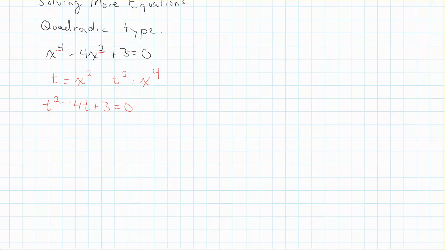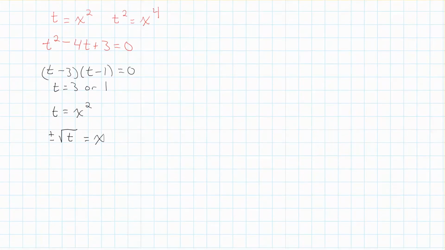And we can solve this for t using factoring, quadratic formula, whatever. This one factors here. So if we factored this, this would factor to t minus 3 times t minus 1 equals 0. And of course we'd get then t is equal to 3 or 1. Now this isn't our final answer, because for our final answer we want to know what x is, not what t is. But what do we know? We know that t is equal to x squared, or that plus or minus the square root of t is equal to x.